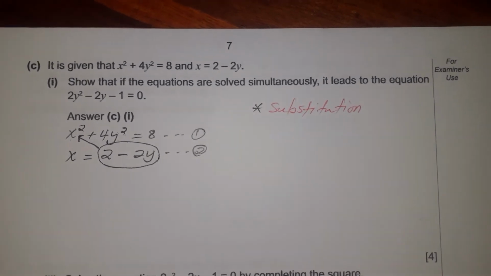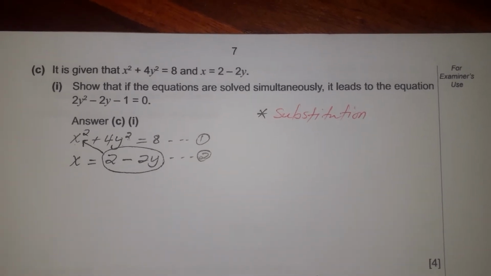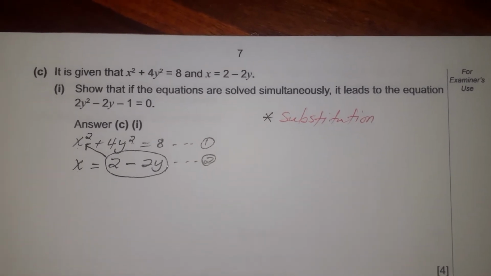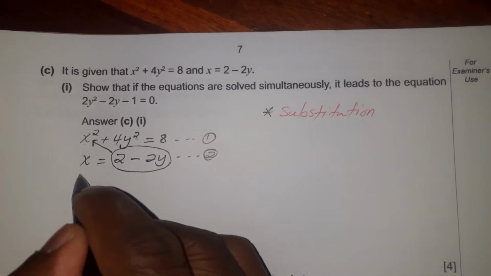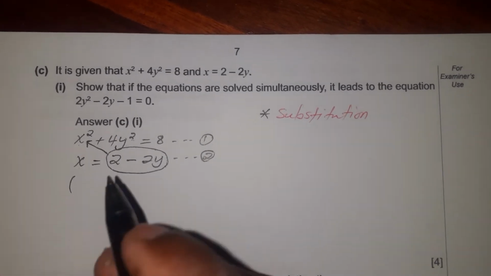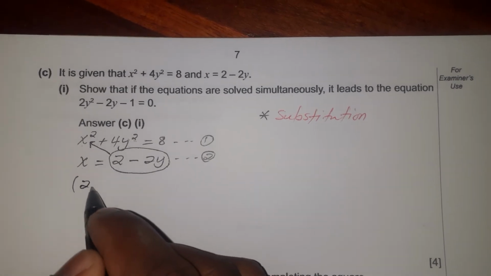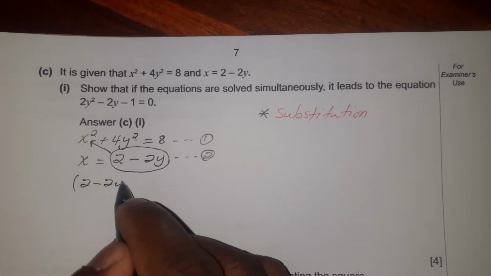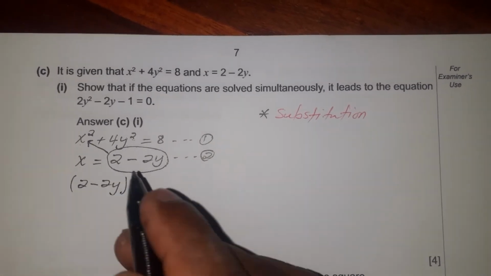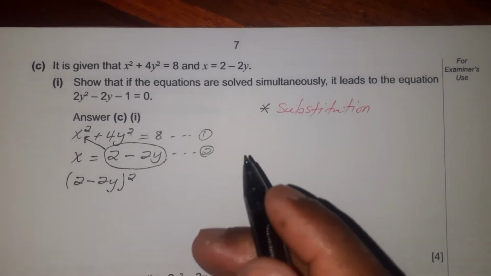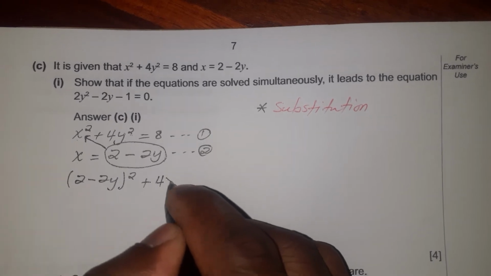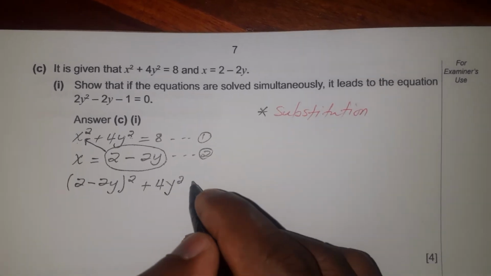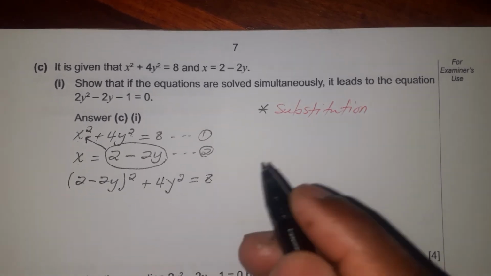That's why it's called substitution method. Now, in order for us to substitute that, we open brackets and then we write 2 minus 2y, close bracket, and then we write the square, and then plus 4y squared equal to 8.